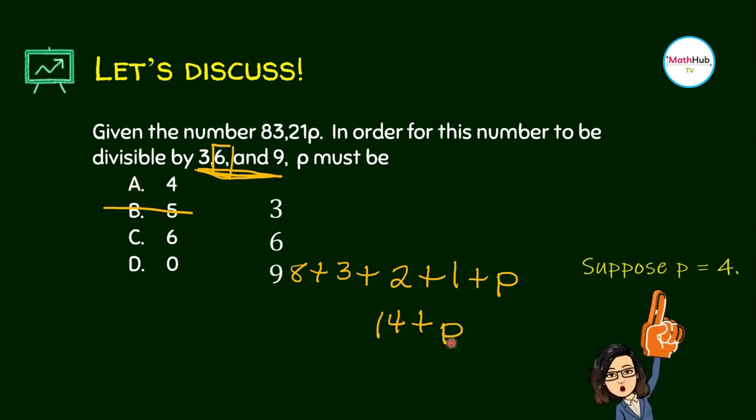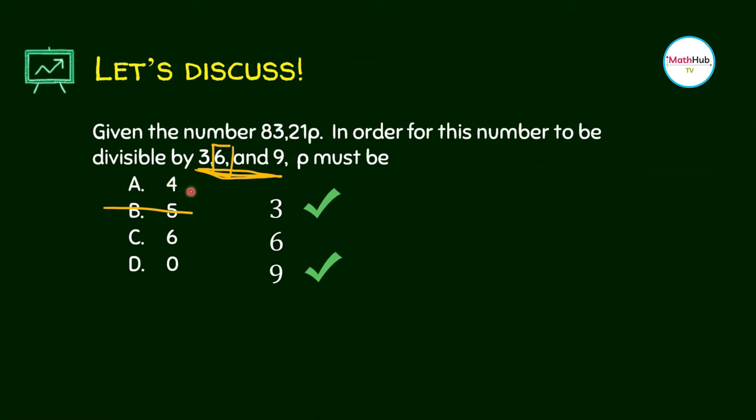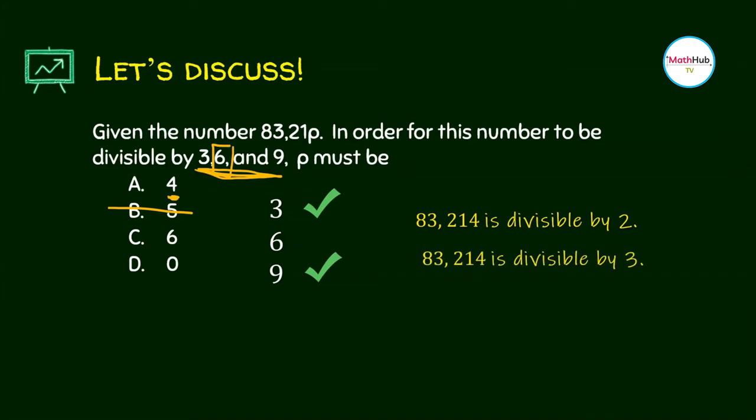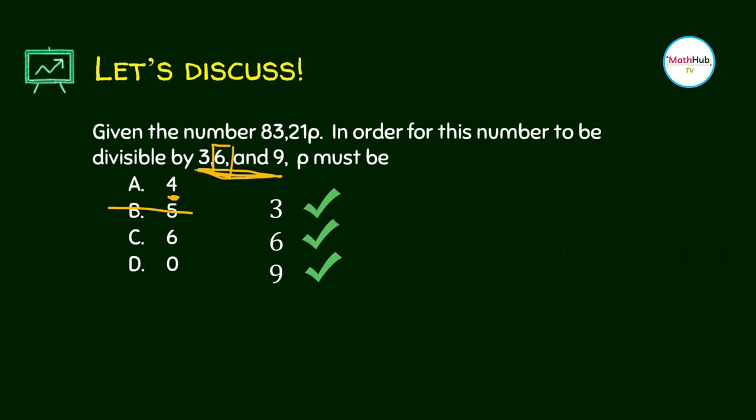If P is equal to 4, then this will be 18, right? And 18 is divisible by 3 and 9. Automatically, it's also divisible by 6. Its last digit is 4. It's divisible by 2. So if you're divisible by 2 and 3, you are also divisible by 6. So therefore, our answer is letter A.